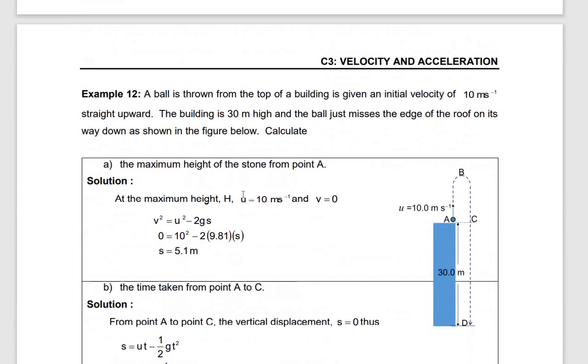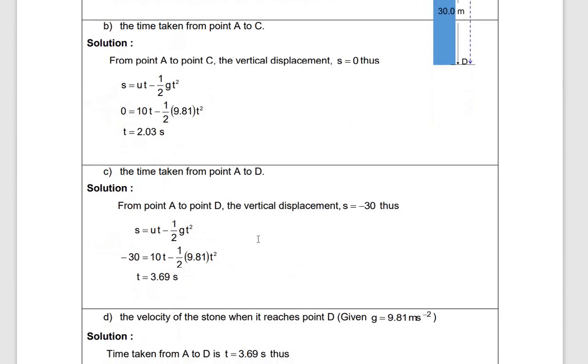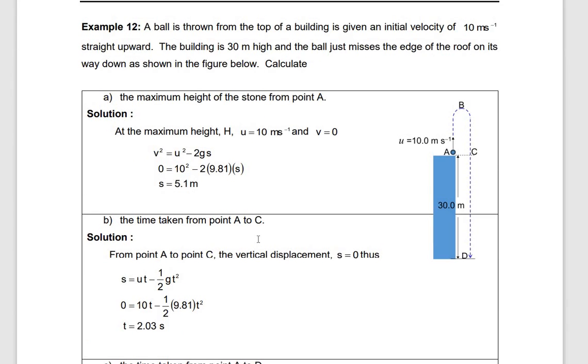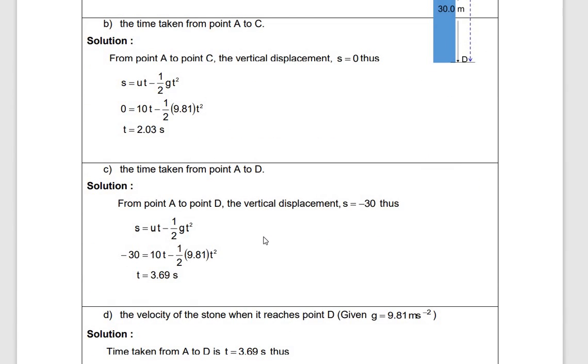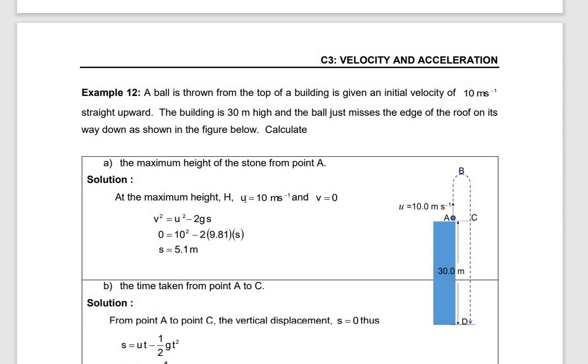Okay, so I tunjukkan untuk example yang ni, untuk example 12 ni, I tunjuk dia punya example dulu. Then untuk example 13 itu, I will give you the solution. Okay, so look at your example 12.